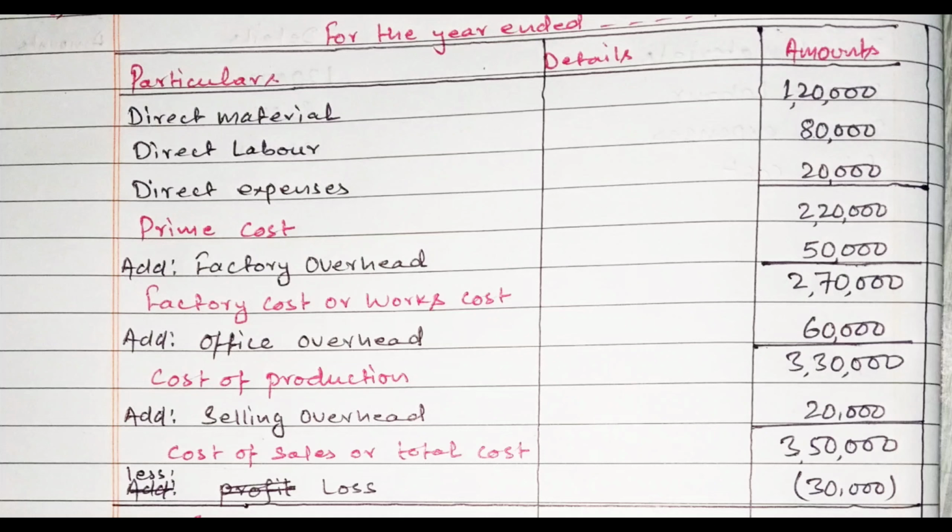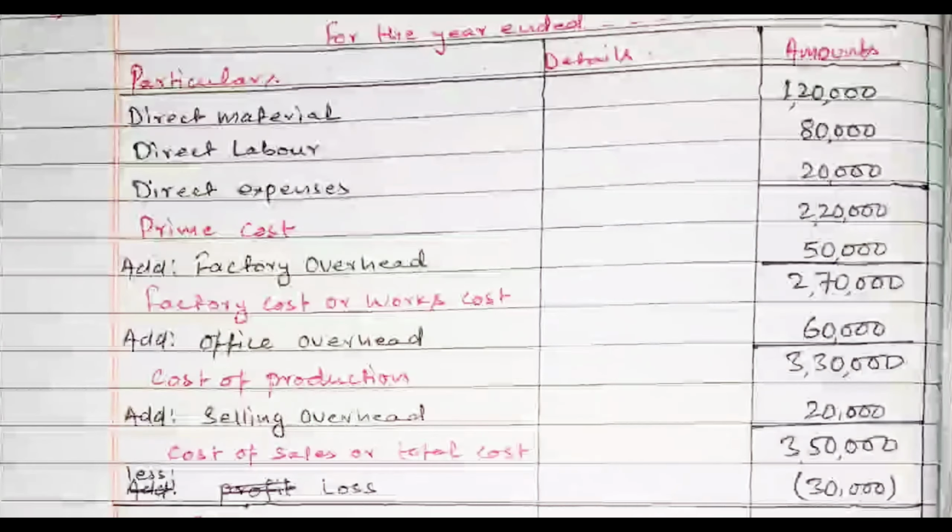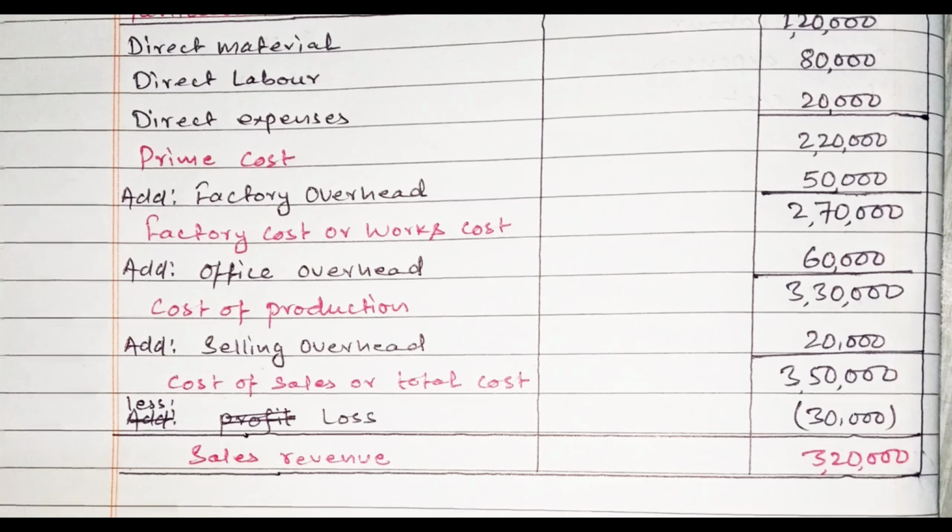So we have found the cost of production to be 3,30,000, and in the question WIP is silent, so because of that the cost of production is taken as the cost of goods sold. So we have added selling overhead of 20,000 and we have calculated the total cost of 3,50,000.